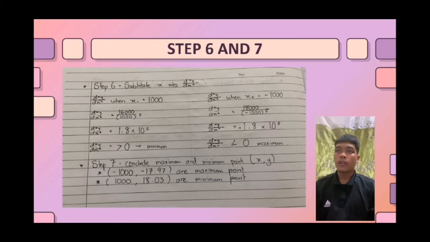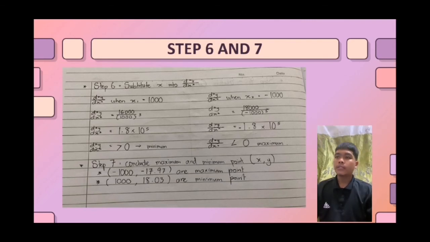For x2 is negative 1000, d square y per dx square is the same as 18,000 divided by negative 1000 to the power of 3. So the answer is negative 1.8 times 10 to the power of negative 5. So this is a maximum because this is smaller than 0.